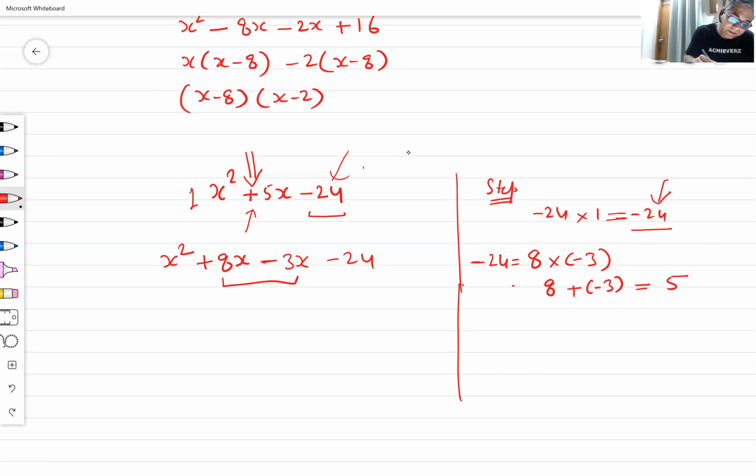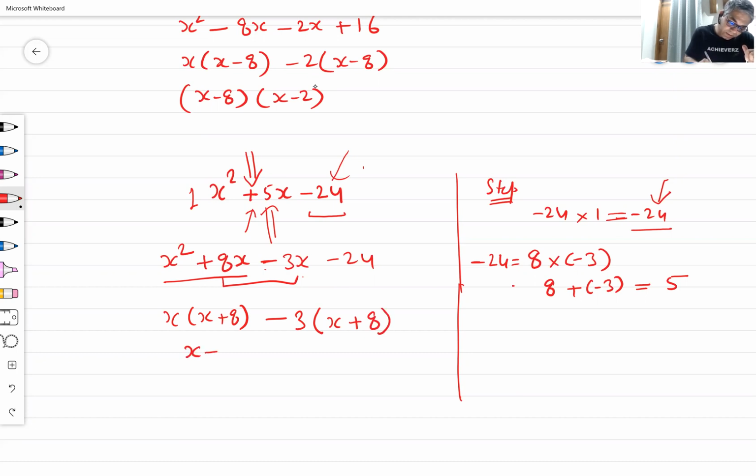So you can easily see again that my plus 8x and minus 3x will give me 5x. So now from the first two terms, I can take x common. So this is x plus 8. From the last two terms, I can take minus 3 common. So I am left with x and here I am left with 8.